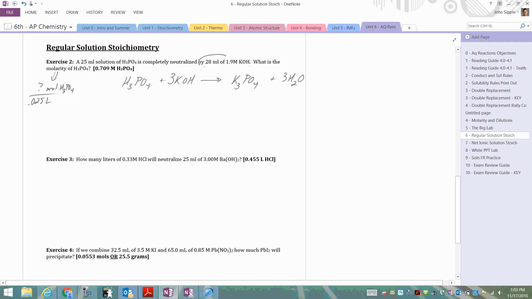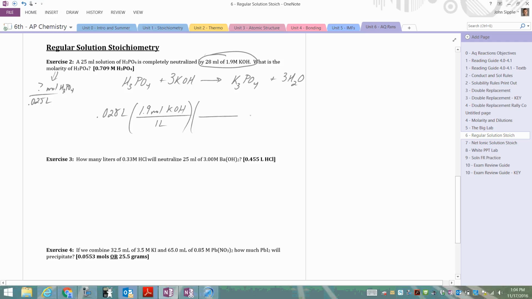So we're starting off with the KOH info. So we've got 0.028 liters, and we need to get into moles. So we're going to use that molarity, okay? 1.9 moles of KOH for every 1 liter.